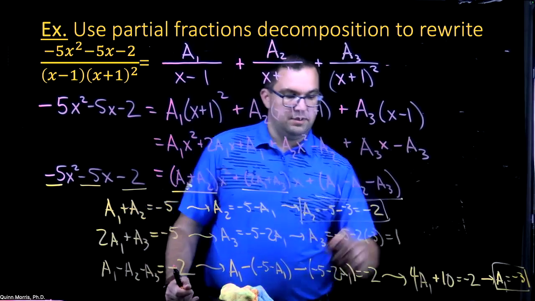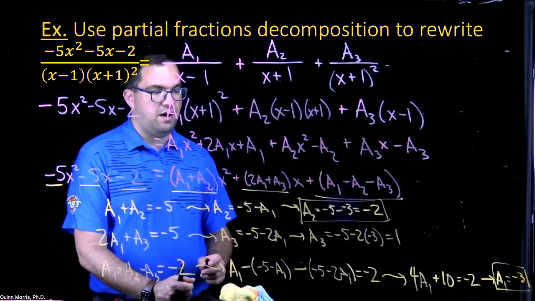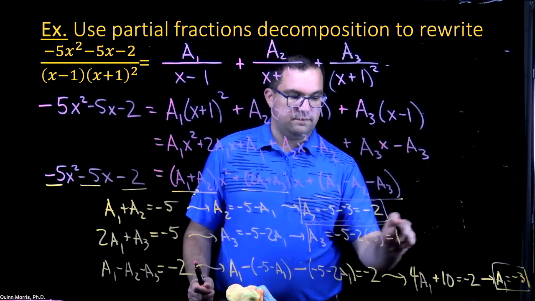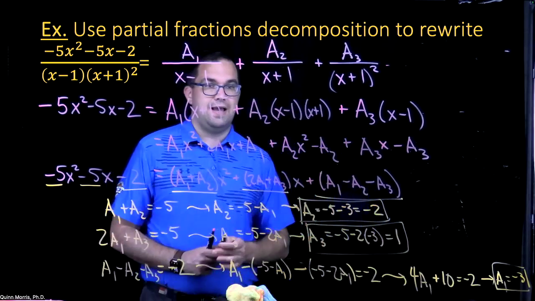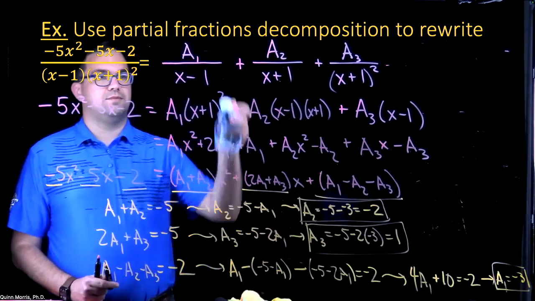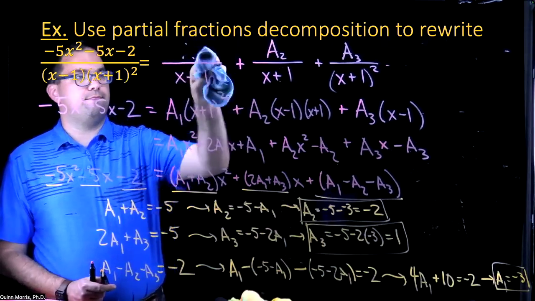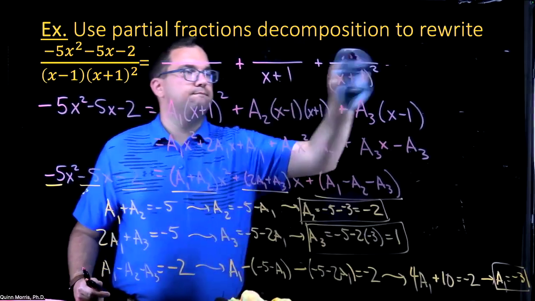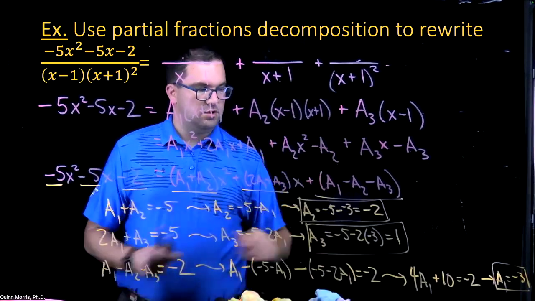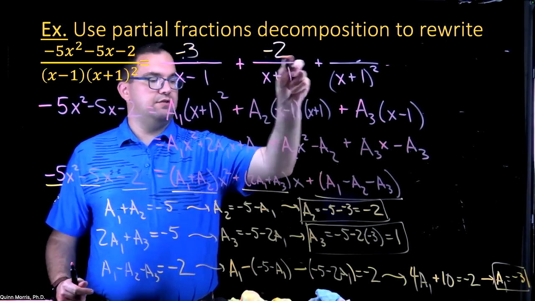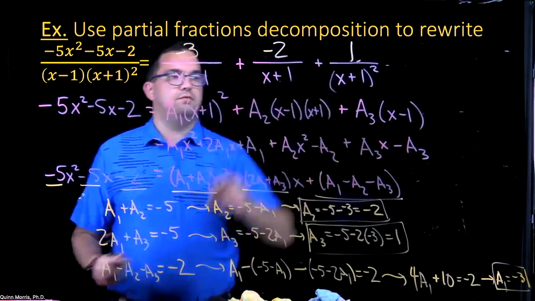That's negative 5 plus 6, which is 1. Okay. And so now I have a1, a2, and a3. So going back to my original problem, a1 was negative 3, a2 was negative 2, and a3 was 1.